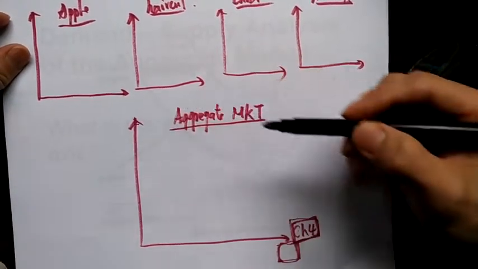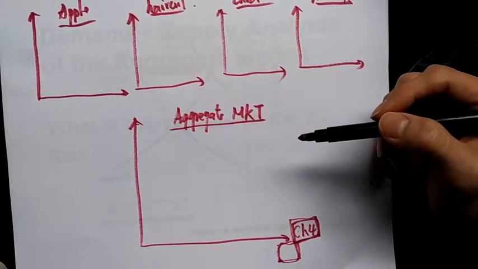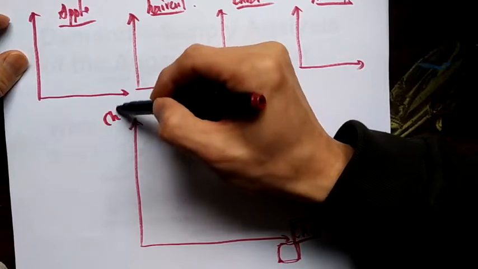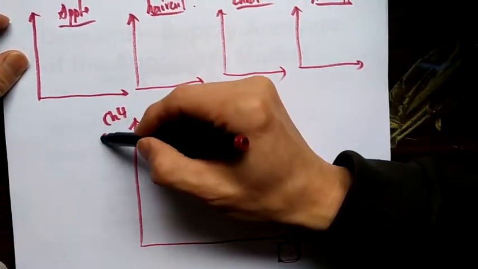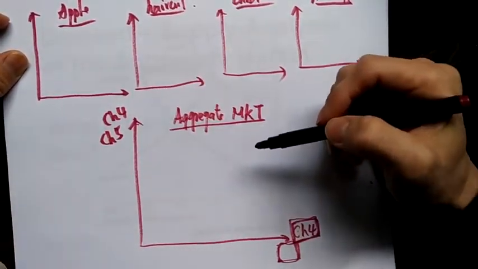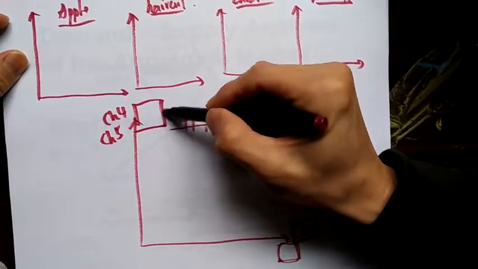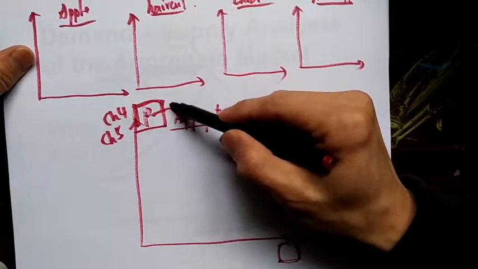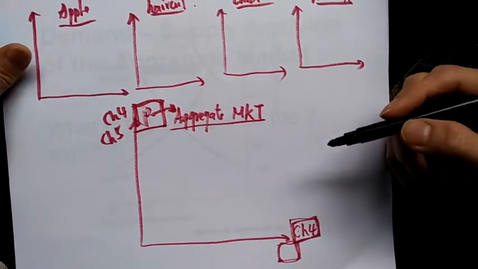And then the next is the variable on the y-axis. We are going to spend a small portion of Chapter 4 and half of Chapter 5 to define the variable on the y-axis. That is, the price of the aggregate market.